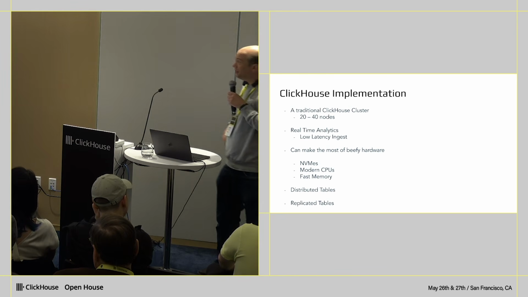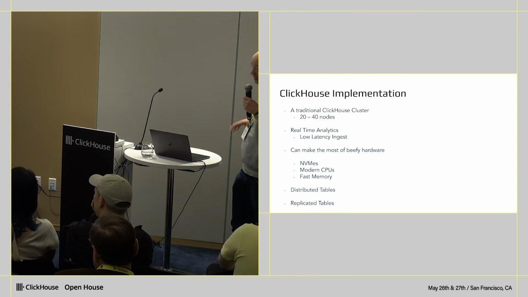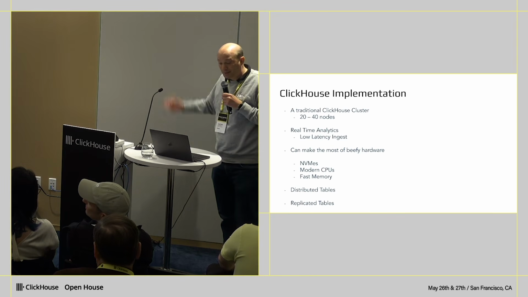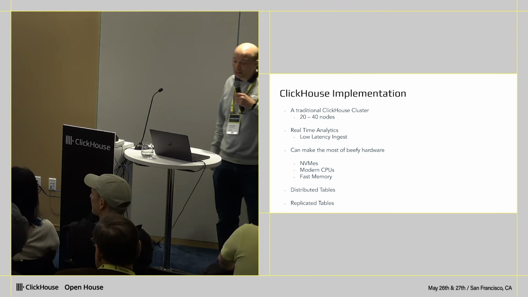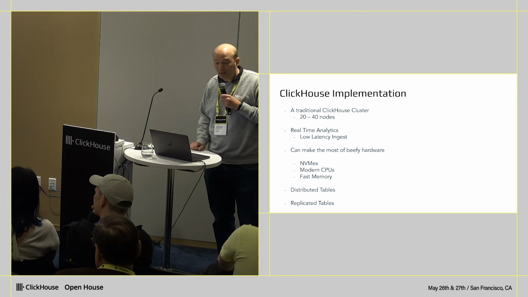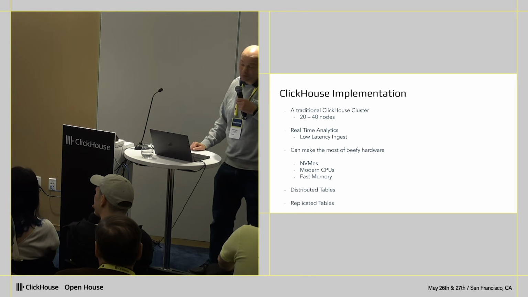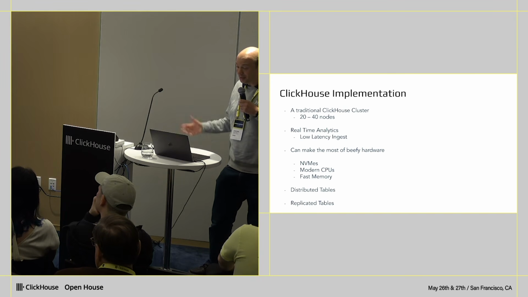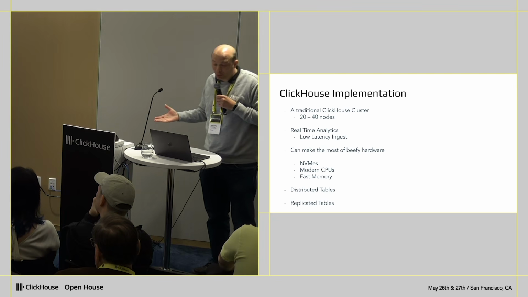So I talked about my use case. Here's how we implement it at Jump Trading. We have a very traditional ClickHouse cluster with between 20 and 40 nodes. It's the textbook case for real-time analytics, because we get low-latency ingest by default.